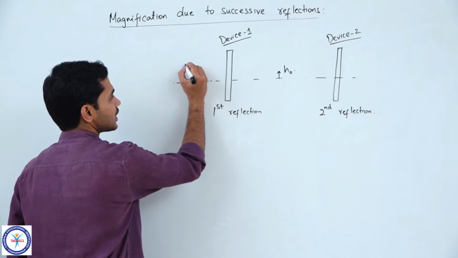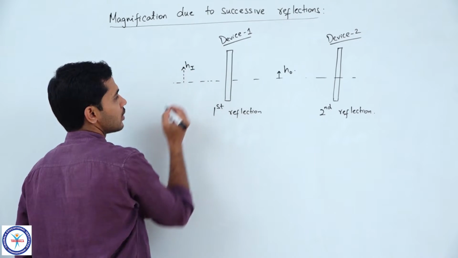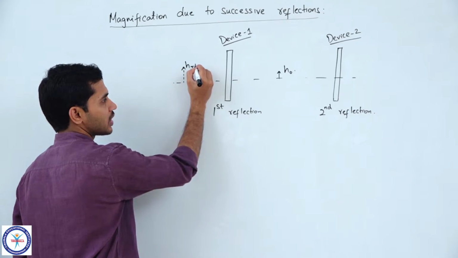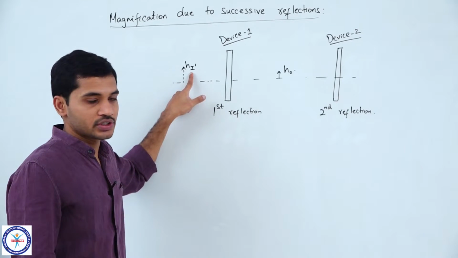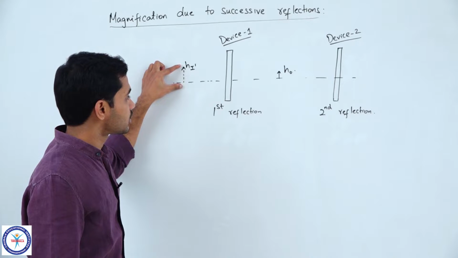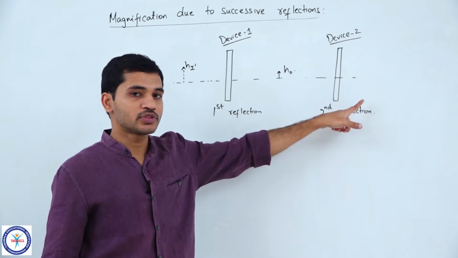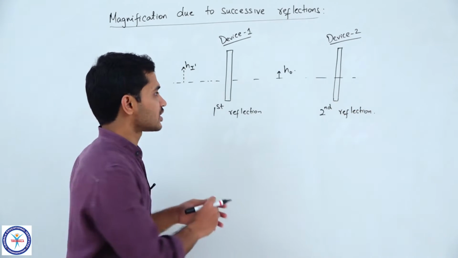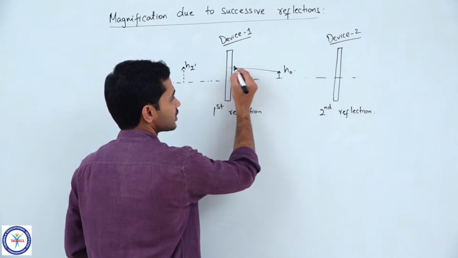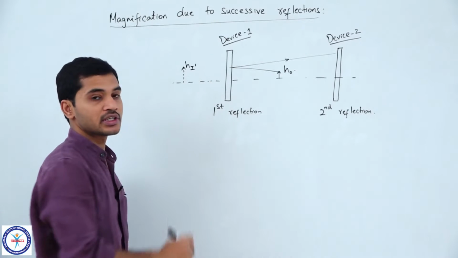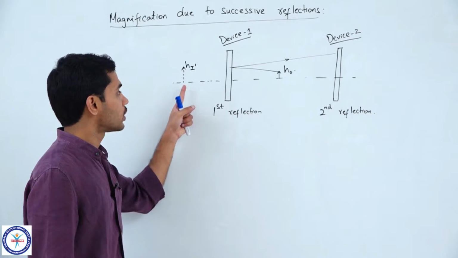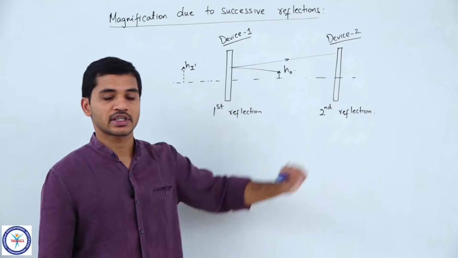Let us consider that the height of this is some hi. Because this is not the final image, I will call this hi dash, the intermediate image. This intermediate image will act as the object for device 2. Once light comes from here, strikes this, reflects and goes on, it appears to come from this particular image. So, this is the object for the second device.